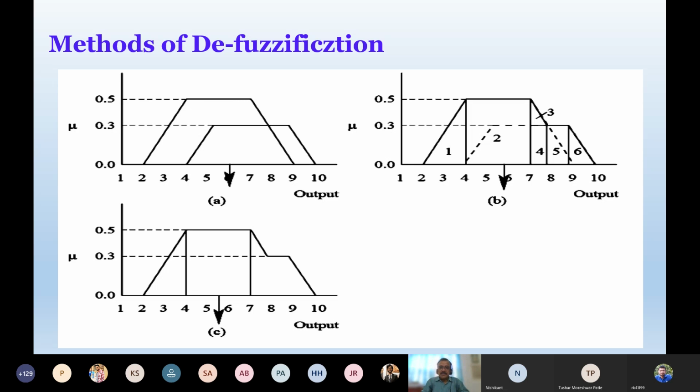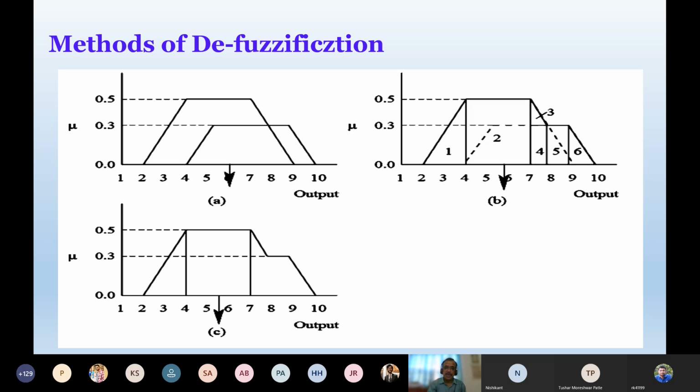I'm sorry for the disturbance. So let me once again come back. One of the drawbacks of the center of sums method could be eliminated. That is, the same subregion is not considered more than once in the centroid method.